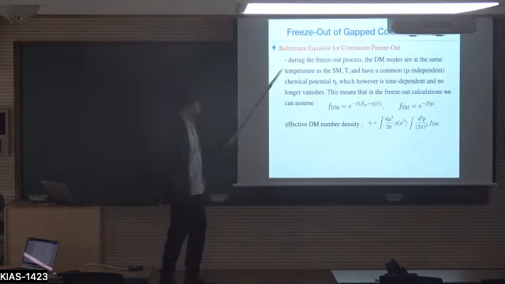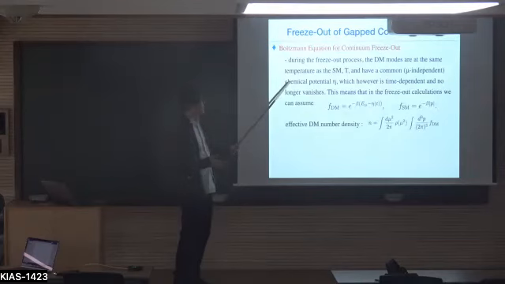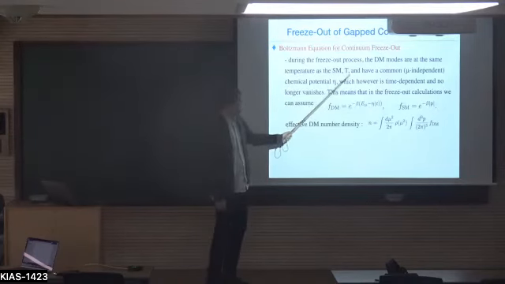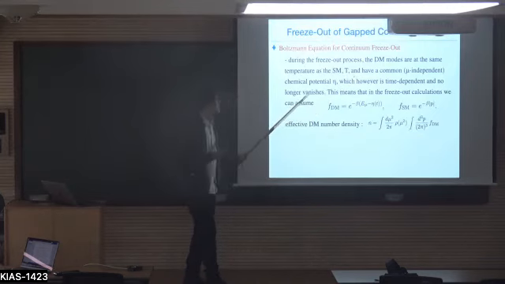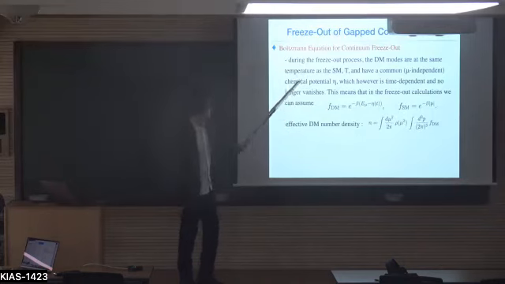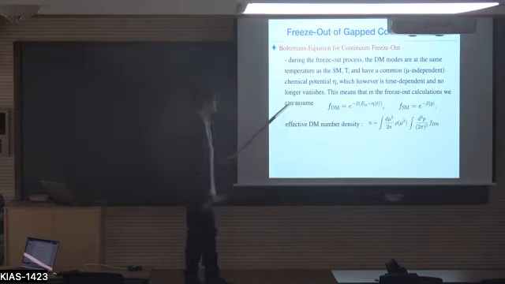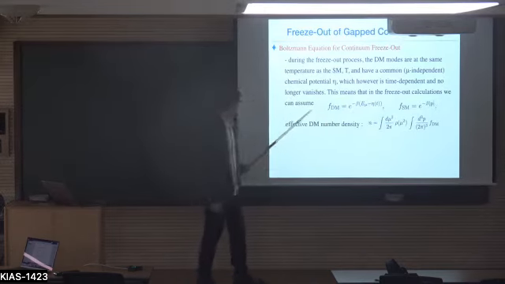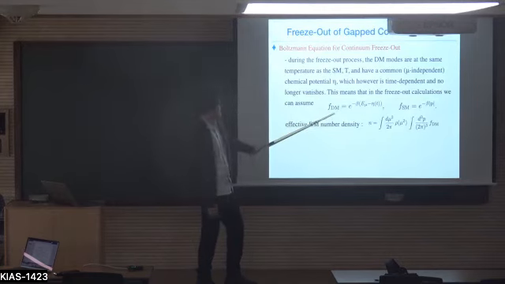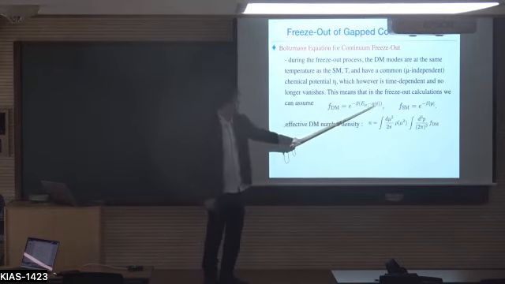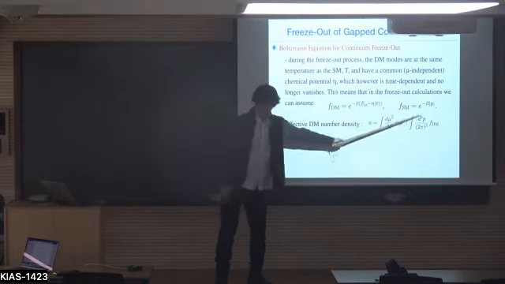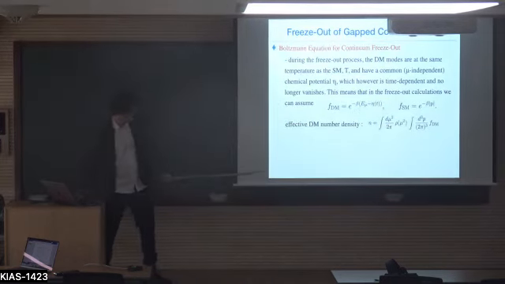During the freeze-out process, dark matter is at the same temperature as the standard model T, and has a common chemical potential, which we call eta, because mu we already use for the mass parameter. But this is time dependent, and so at some point in the freeze-out calculations, the dark matter will still have this chemical potential, and the standard model has a phase space density like this.